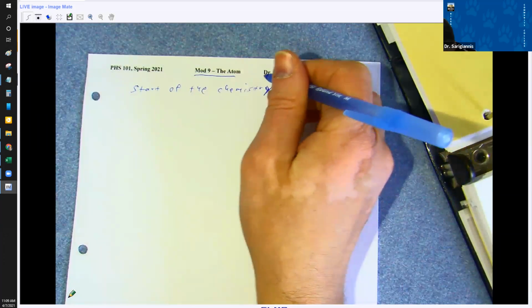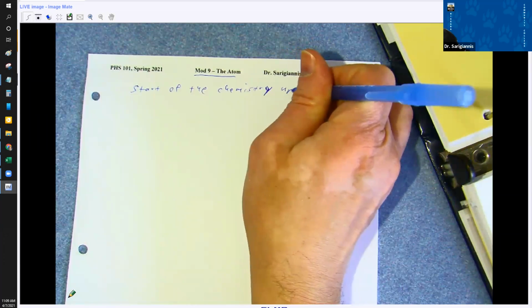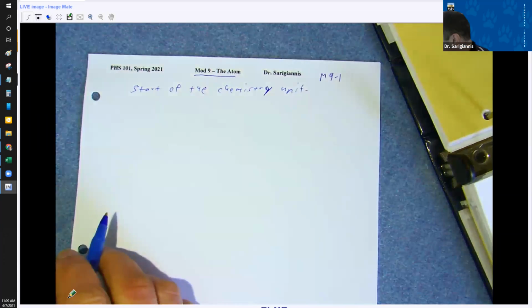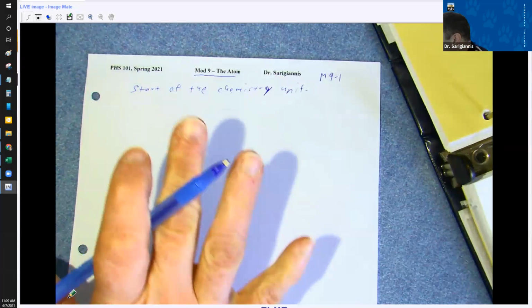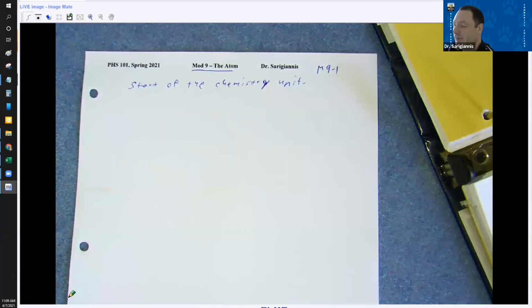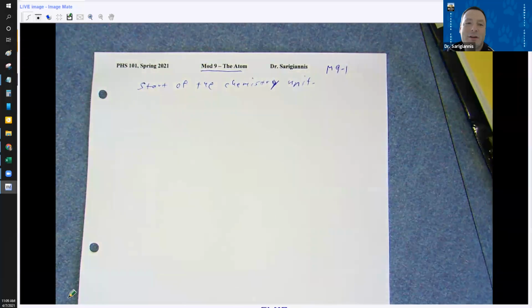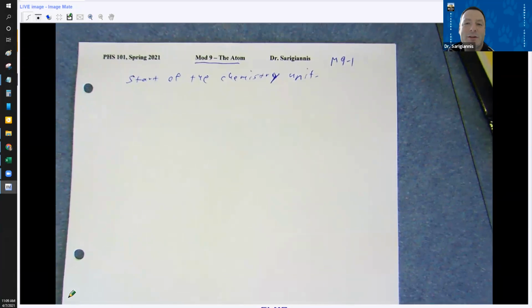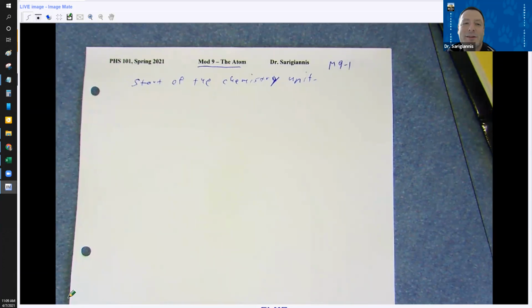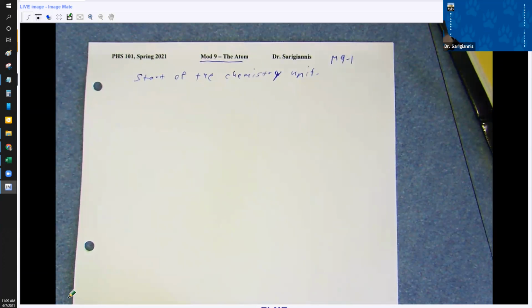Start of the chemistry unit, I guess we'll call it. I'm running out of room already. So we're going to talk about some things. We have to obviously define some terms. Let me zoom in. It's very touchy. Let's discuss some terms here before we get to the atom.